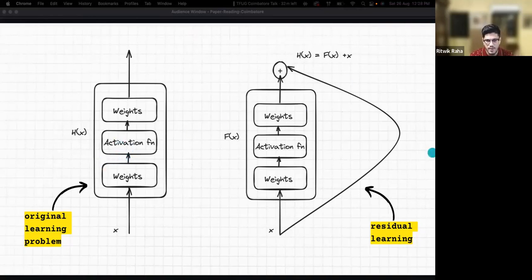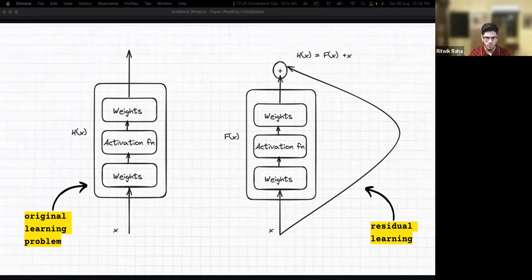It's written. If I say h(x) equals f(x) plus x, and if I ask what is f(x), you can just say h(x) minus x, because that's a simple answer that's staring at us from the screen, right? So if we want to say what is f(x) in this network architecture, we can simply say that it is h(x) minus x.